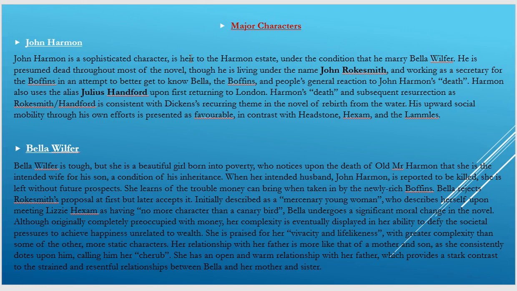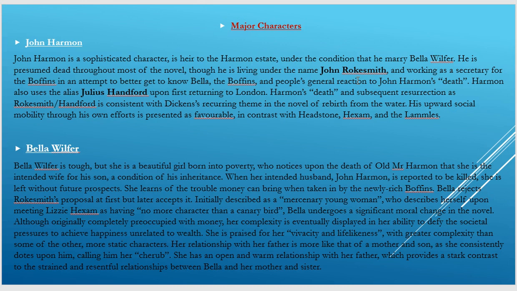The heir means the person who receives his father's estate or properties under the condition that he marries Bella Wilfer. So there is one condition in the will left from his father: he should marry Bella Wilfer. He is presumed dead throughout most of the novel, though he is living under the name of John Rooksmith.